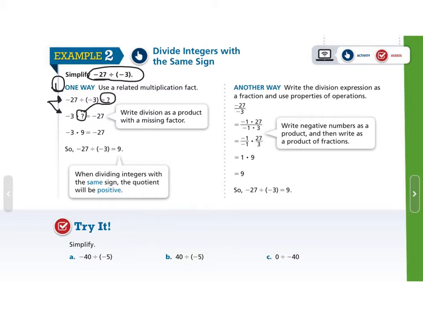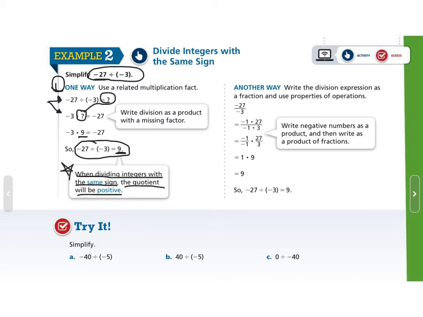So the question is, what number can I multiply by negative 3 to make negative 27? That answer is 9. So when I turn this back around into its division problem, negative 27 divided by negative 3 also has to be positive 9. So when you are dividing integers with the same sign, the quotient is positive.